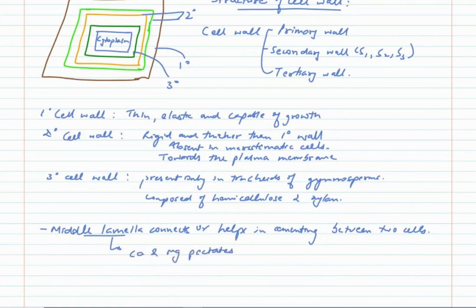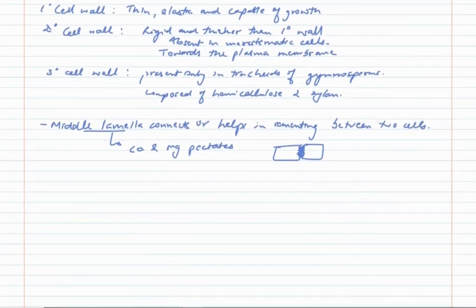So if this is a plant cell and this is another plant cell, the middle lamella will be present as a cementing material between these two cells. Now, cellulose is the main constituent of plant cell wall, but in addition to cellulose, hemicellulose and pectin are also present in the cell wall.